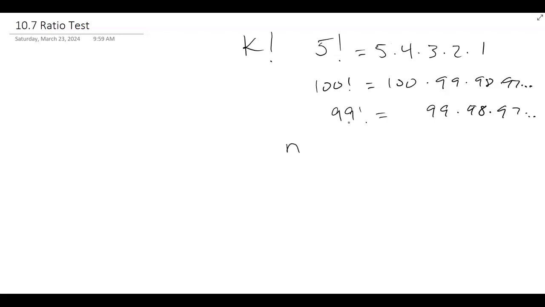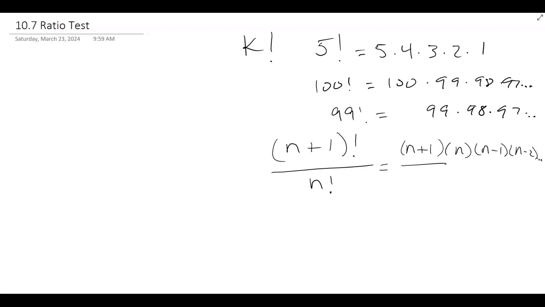Thinking about that 100 and that 99, what if I had n plus 1 factorial over n factorial? What does that look like? Well, n plus 1 factorial is n plus 1 times n times n minus 1 and so on. And n factorial is n times n minus 1 and so on.